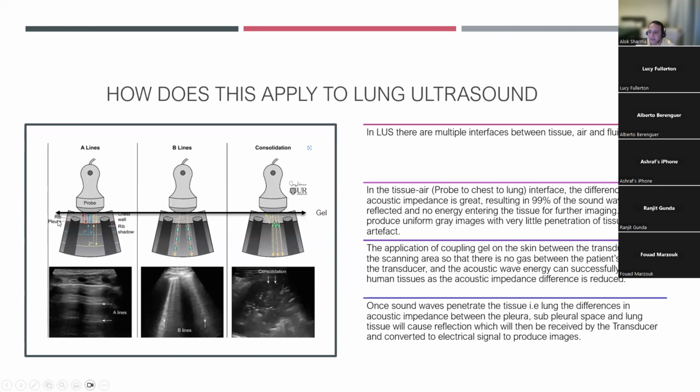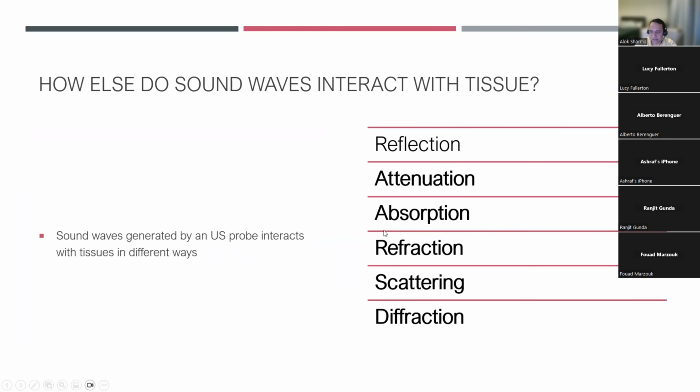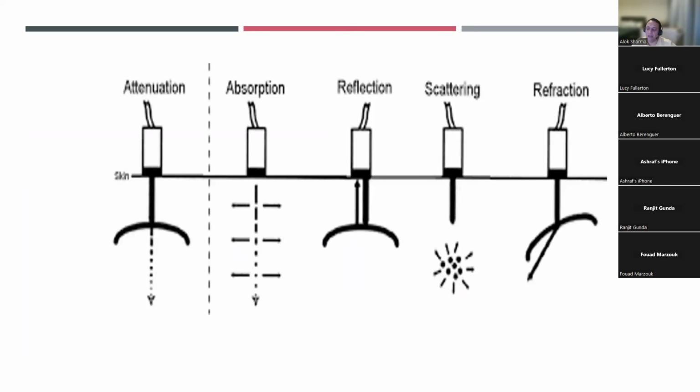So again, just the concept of applying gel to improve and reduce your acoustic impedance. Now, we've covered a lot of this, but we're going to talk about it in a little bit more detail. So basically, what is attenuation? Attenuation means that sound waves incident with, say, the pleura, as they move further down, lose energy naturally because we're using a certain frequency and sound can only travel a certain distance in wavelength.